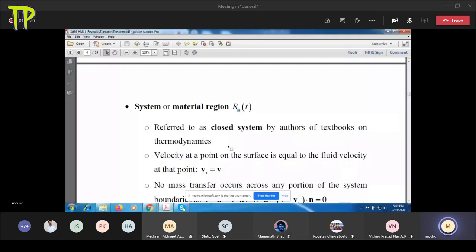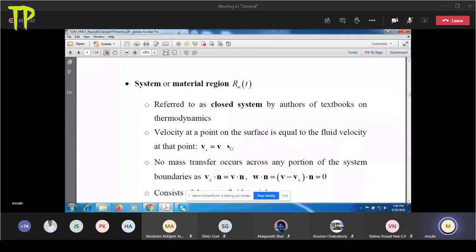Now, what is a system? Why is there no mass transfer across any part of the system boundary? The reason is that the surface will be moving, but the velocity at the surface is equal to the fluid velocity. If I say V subscript S is the velocity of a point on the moving surface which encloses the material region, that will be equal to the fluid velocity.